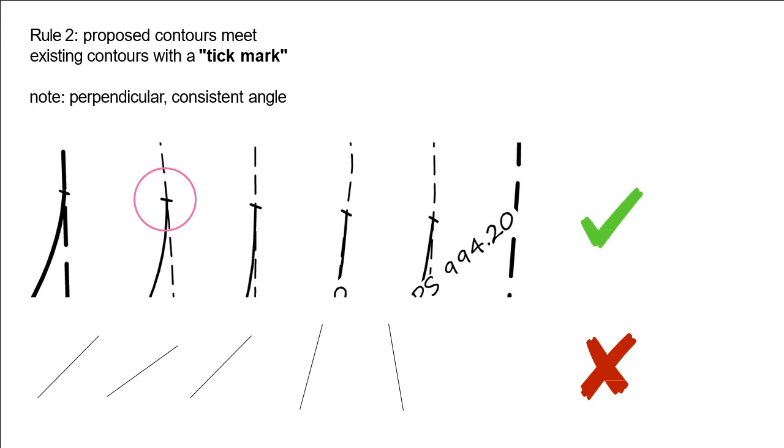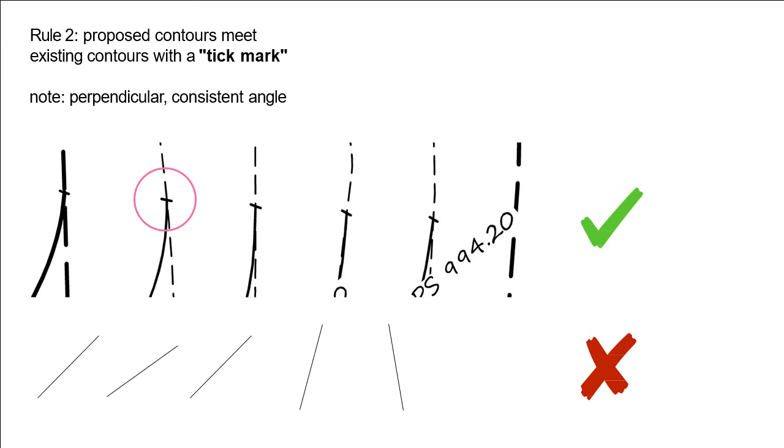Rule number 2, whenever you are joining an existing contour to a proposed contour, you have to put in a tick mark. This tick mark shows the contractor where the limits of work are, and they will not move their equipment beyond these tick marks. Also, please note that these tick marks are to be perpendicular to the contours as they join.